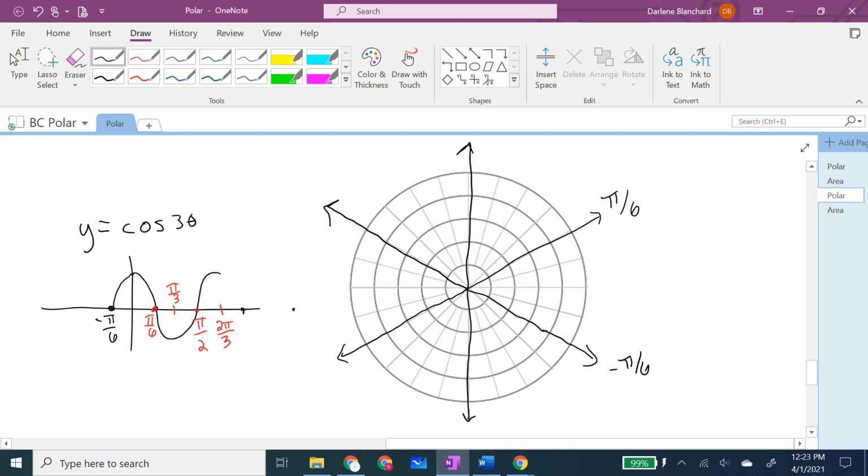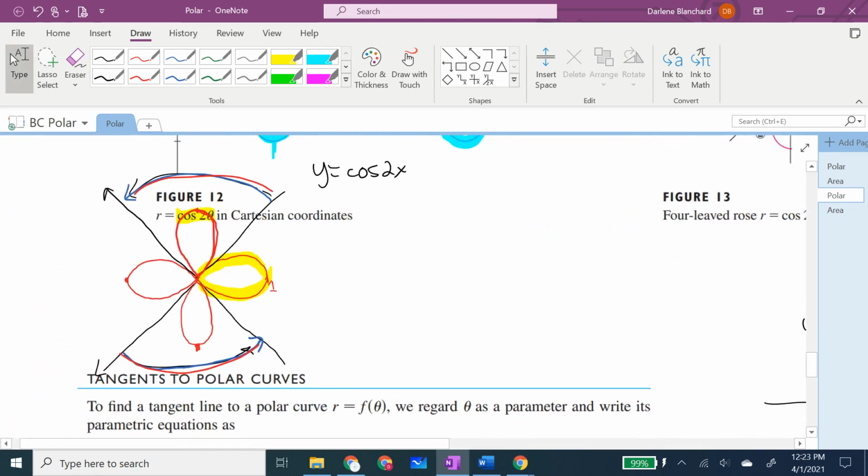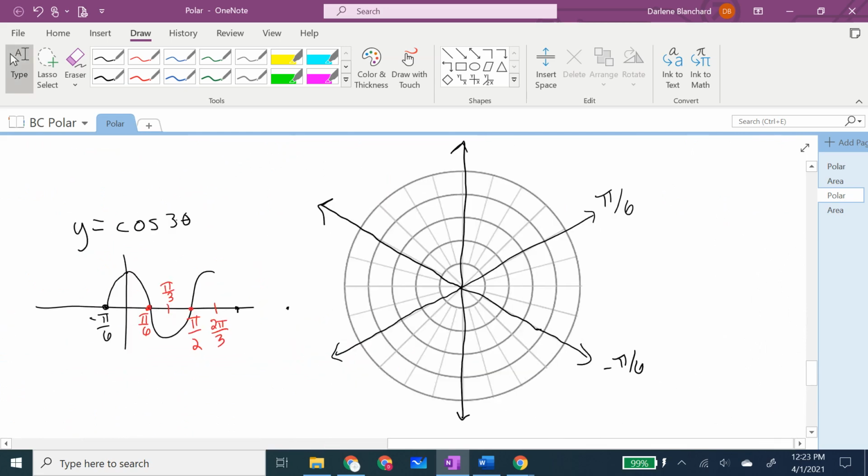Now, how many equal slices does this create? 6. If I go back to this one, how many equal slices did that create? So, do you see the pattern of slices? Double that number that theta is multiplying to, and that's how many equal slices you create.